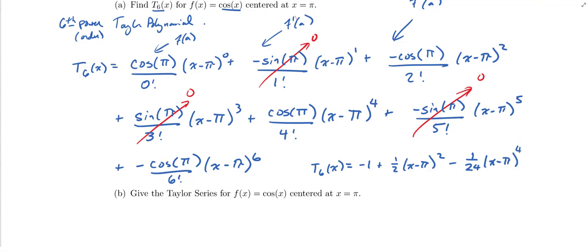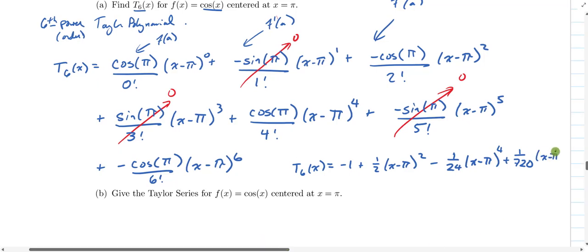And then for our 6th order term, we get, in this case, plus 1 over 720 times (x minus pi) to the 6th power. And there's our T6 Taylor polynomial that's centered at x equals pi.